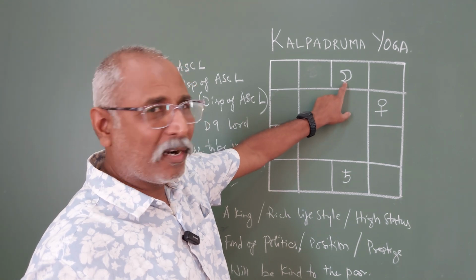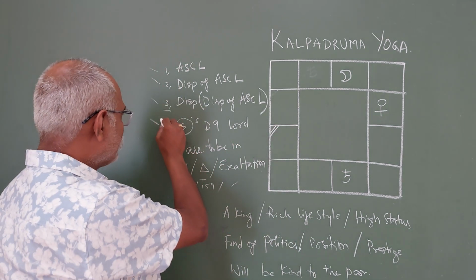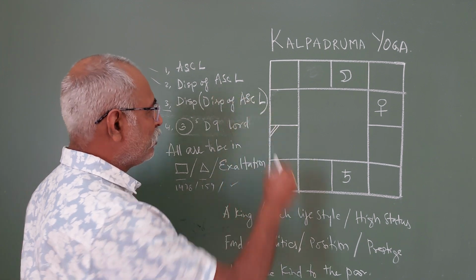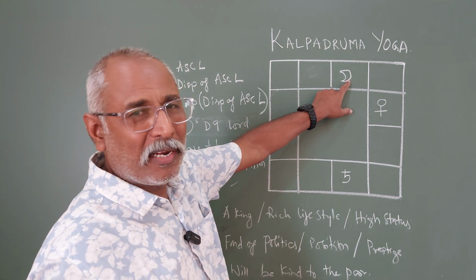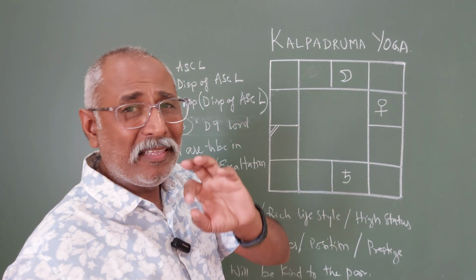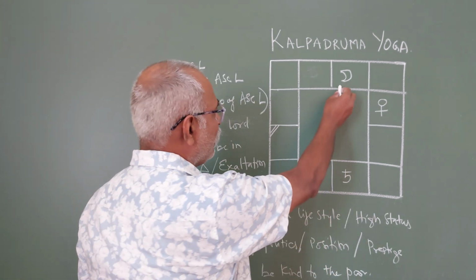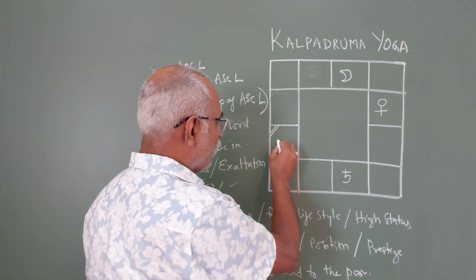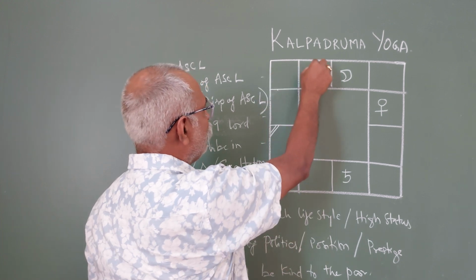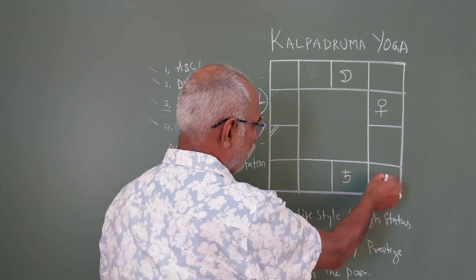So this particular Rashi has the D9. The D9 has to be seen now. This particular Rashi has the D9 falling in the ninth from it. So 7, 8, 9. So 1, 2, 3, 4, 5, 6, 7, 8, 9.